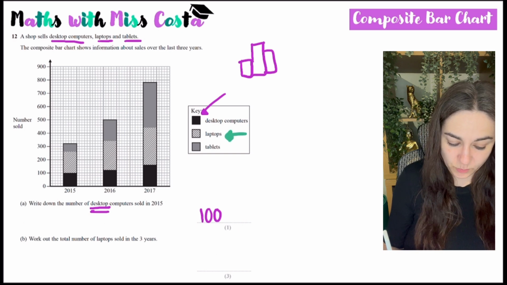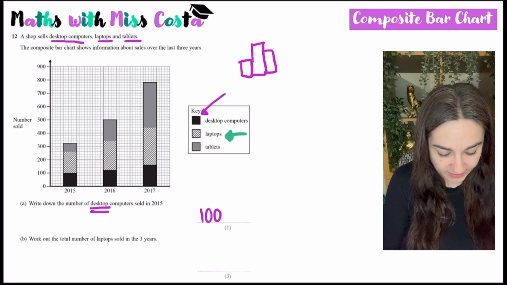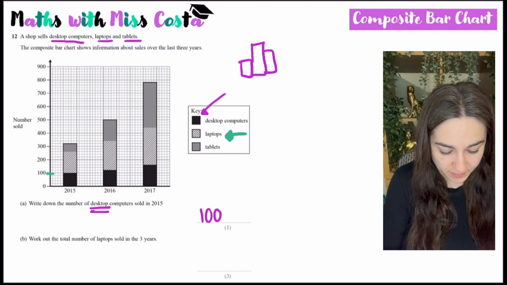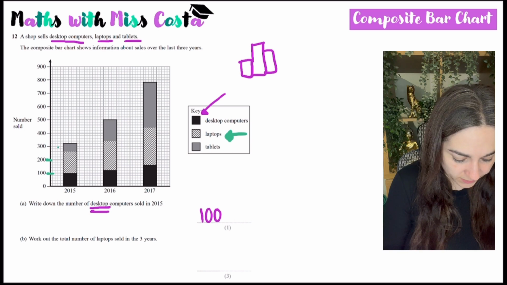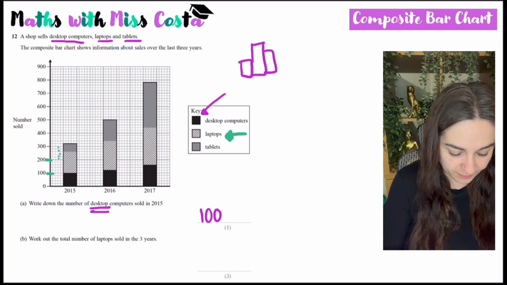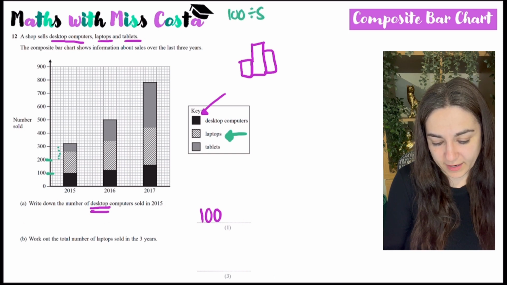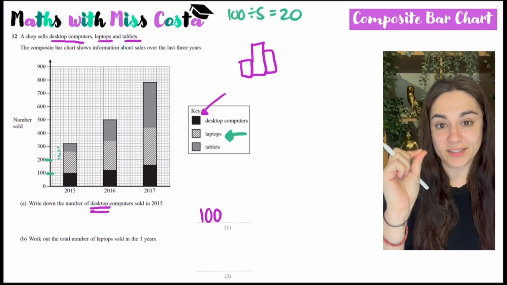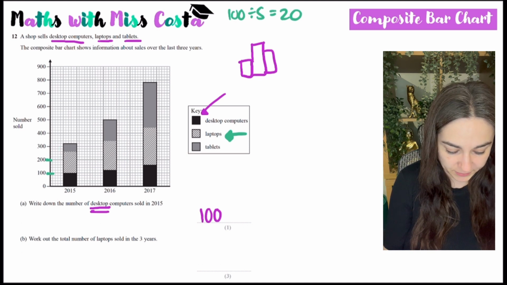And first of all, what I want to do is think about what is happening with my scales. So I know that they're going up in hundreds, and that between each 100 there's 1, 2, 3, 4, 5 little boxes. So if I did 100 divided by 5, that gives me 20, which means that each little square is going up in 20s. It's really important to always consider your scales.